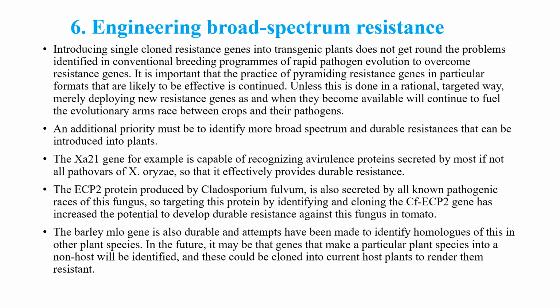So, targeting this protein by identifying and cloning Cf-ECP genes has increased the potential to develop durable resistance against the fungus in tomato. The barley mlo gene is durable, and attempts are being made to use it to identify homologues in other plants.